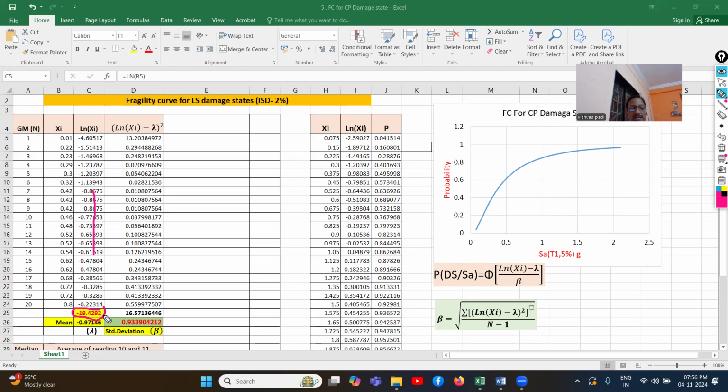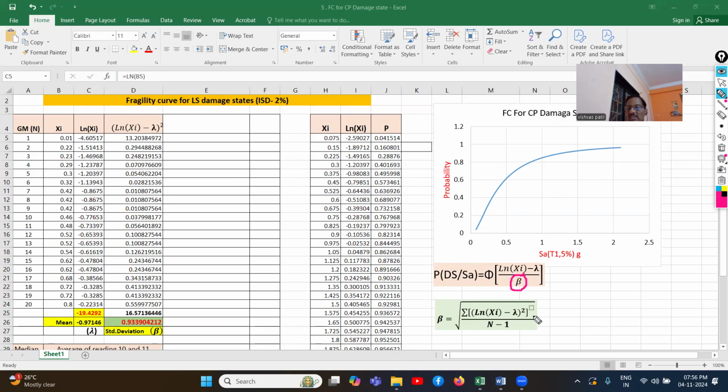So minus 19.4292 divided by 20. We get the lambda value, that is the median, as minus 0.97146, which is the median value of the life safety damage state fragility curve, the lambda value. Now we'll see how to calculate this beta value.